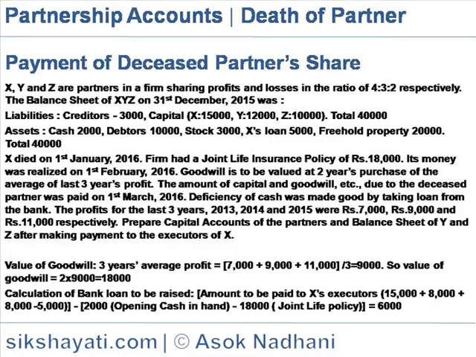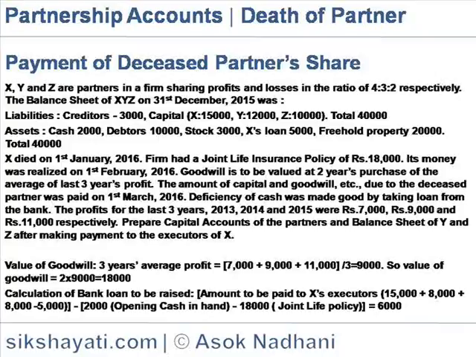The firm had a joint life policy of 18,000. Its money was realized on 1st February. Goodwill is to be valued at 2 years purchase of average 3 years profit. The amount of capital and goodwill due to the deceased partner was paid on 1st March.